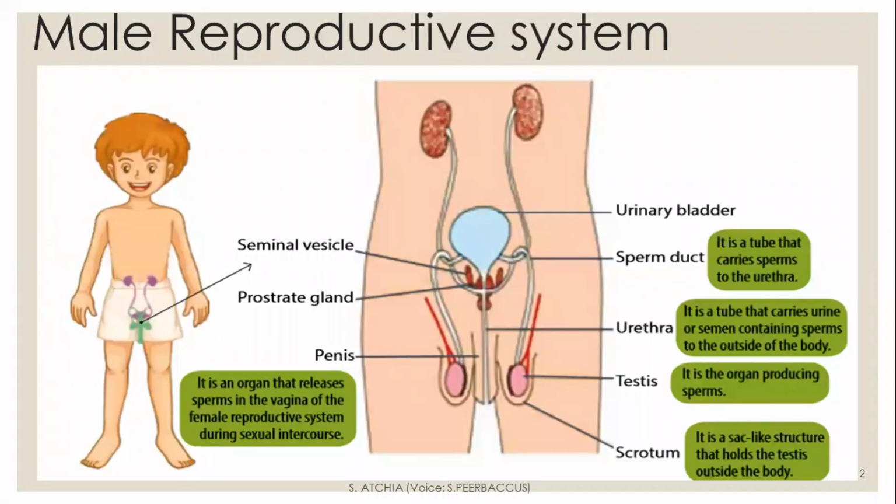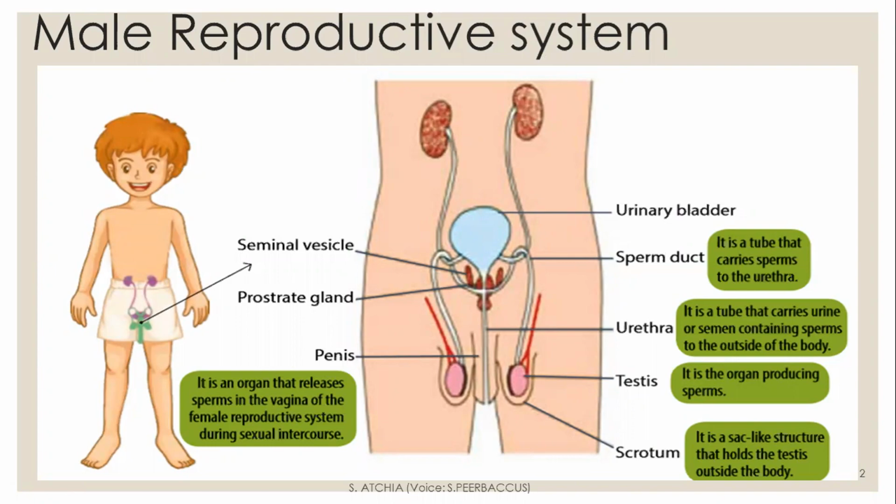We first begin with the male reproductive system. As a reminder, a system is a group of different organs working together to perform a specific function.